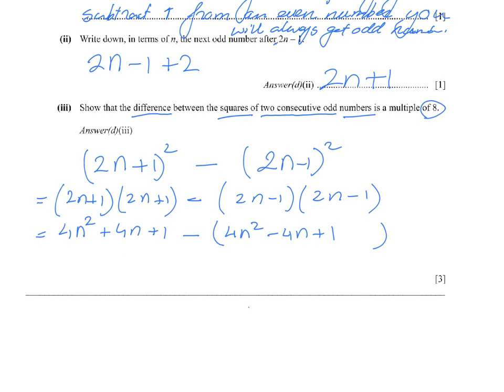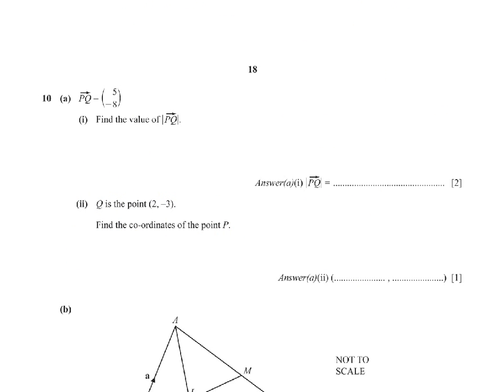We have 4n plus 4n, so that is 8n, that's an equal sign, and we have 1 minus 1, 0. So indeed it is 8n, so 8 times any integer, so therefore you could say a multiple of 8. There you go. Fantastic. Let's go to the next question.